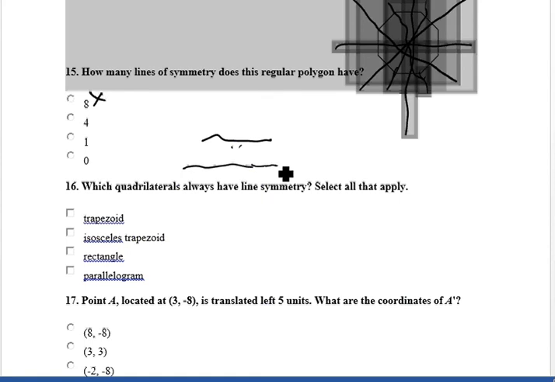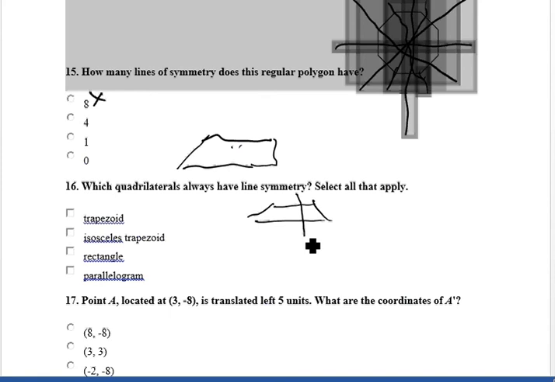They could go like that. And so there's really no symmetry here because there's no way you could draw that. So trapezoid, no. Isosceles trapezoid, yeah. Because that means we're going to have some same angles. And so you could always draw down the center.